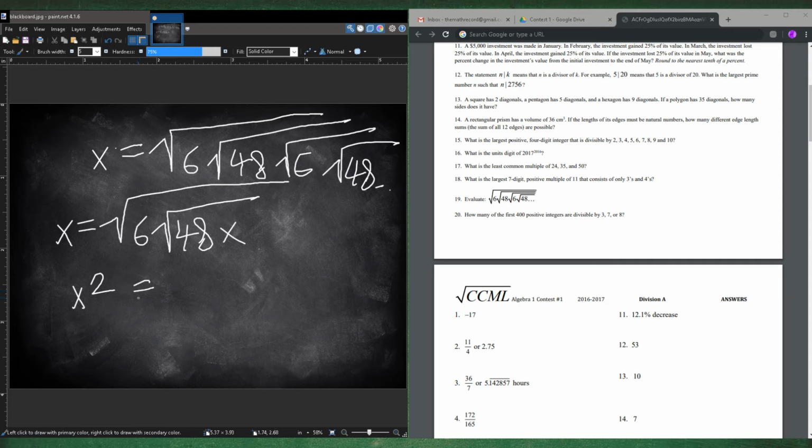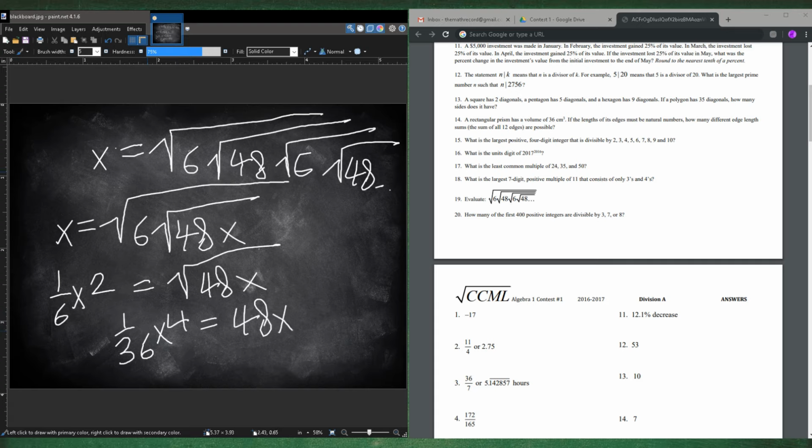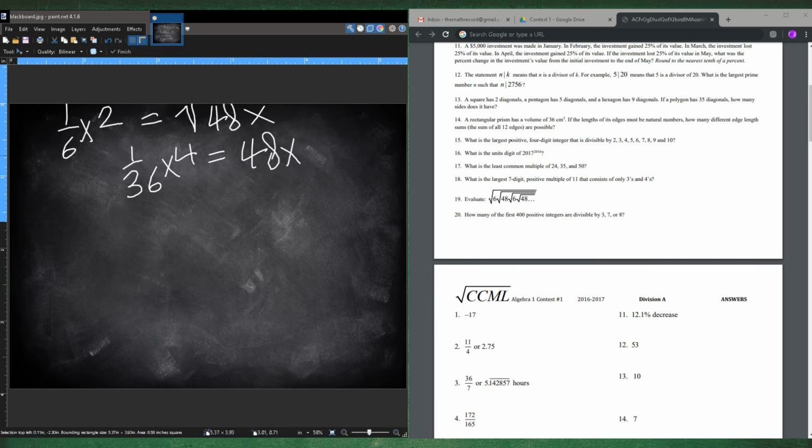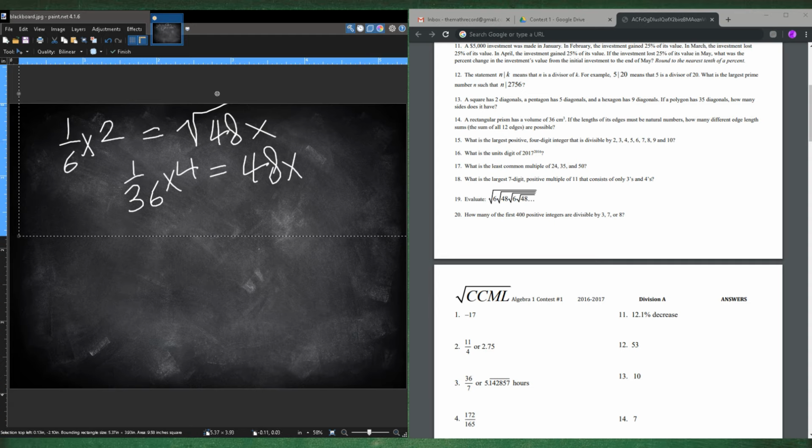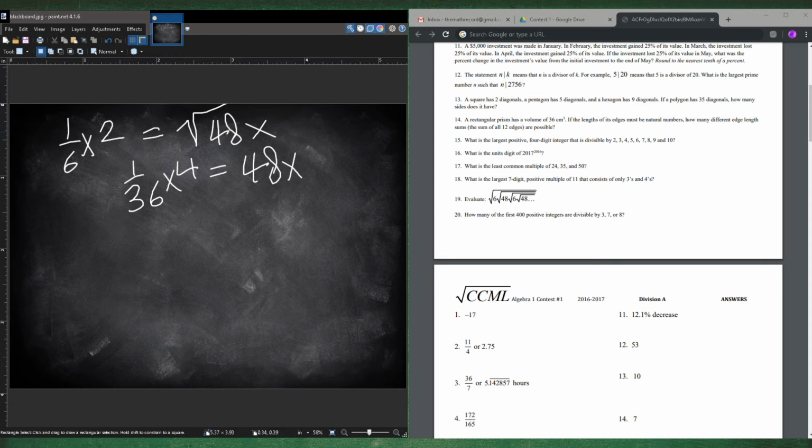x squared is equal to 6 times the square root of 48x. Divide by 6, so that's x squared over 6 is equal to square root 48x. Square it again, so that's x to the 4th over 36, which is equal to 48x. So we have to subtract the 48x and take out the x.